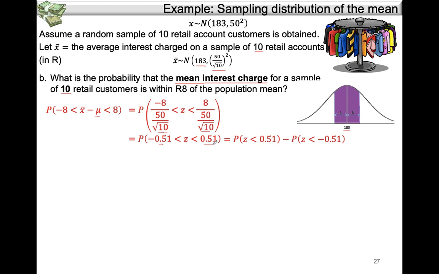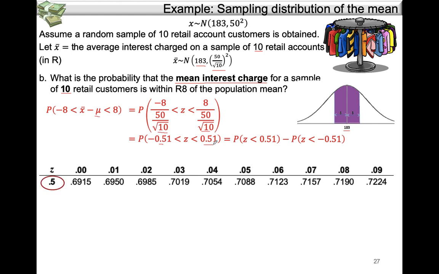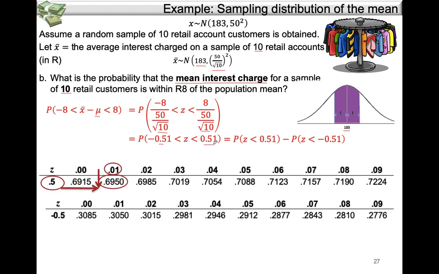And we head to the table to find both the probabilities. From the positive table, we find the probability of Z less than 0.51 is 0.6950. From the negative table, the probability of Z less than minus 0.51 is 0.3050, and the difference between the two gives us our final answer of 0.39.